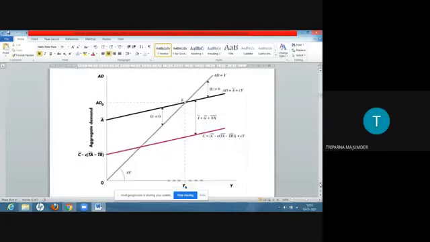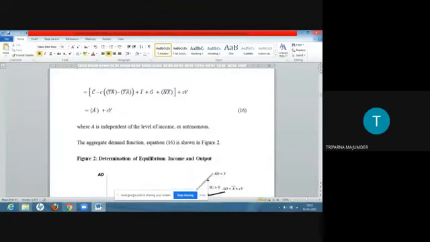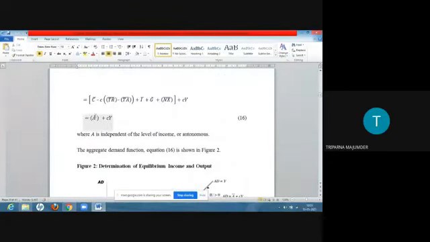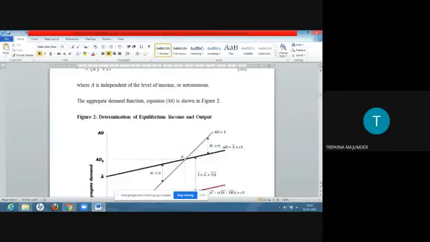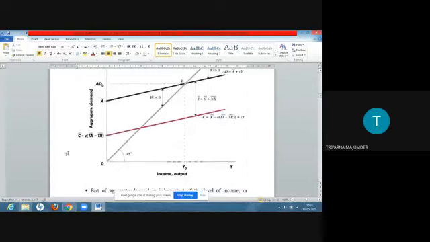Here, look at this equation very carefully. This is constant and this varies with the level of income, and the slope of this equation is still C. So what we are doing is adding the entire other components which are constant to the C bar of our consumption function, C bar plus CY.